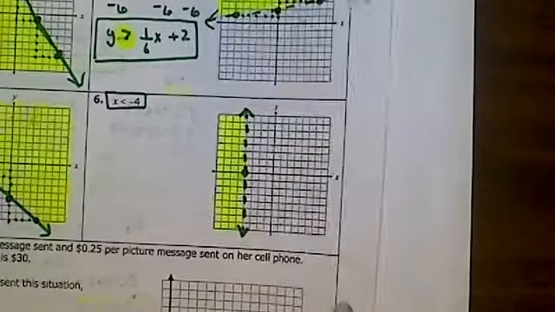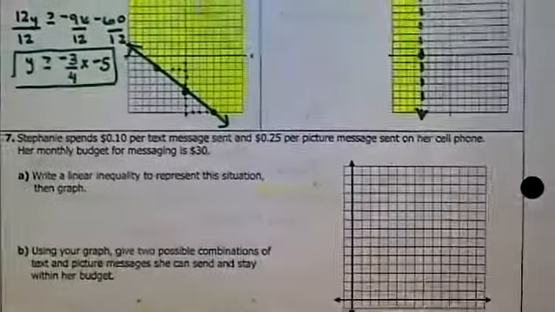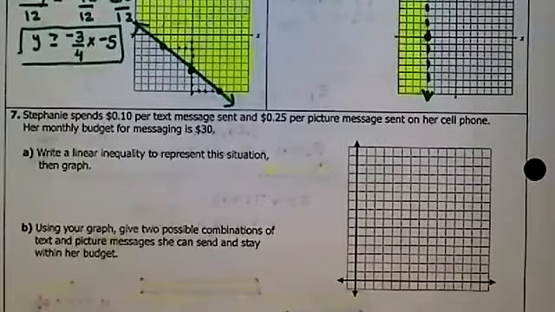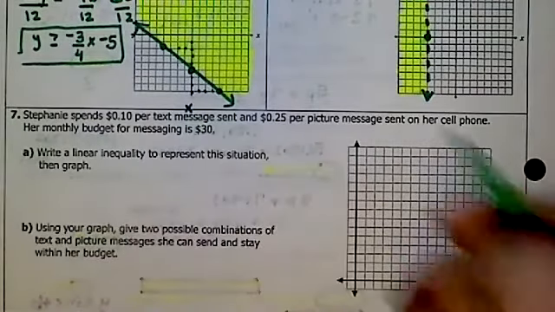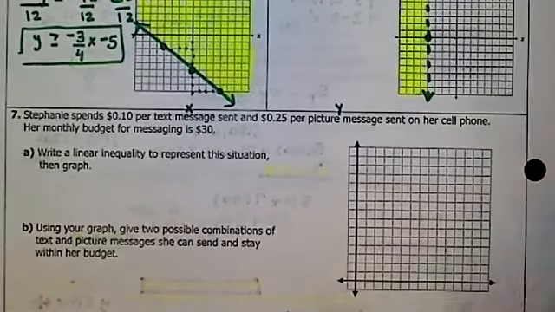Okay, now we're going to finish up looking at 2 word problems. Stephanie spends 10 cents per text message sent and 25 cents per picture message sent on her cell phone. So I'm going to let X be the text message and Y be the picture message.